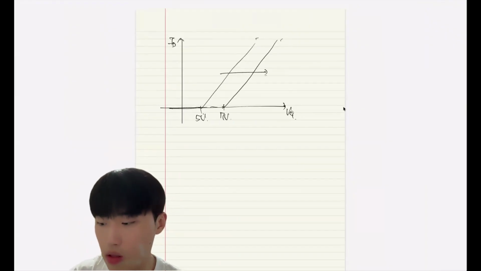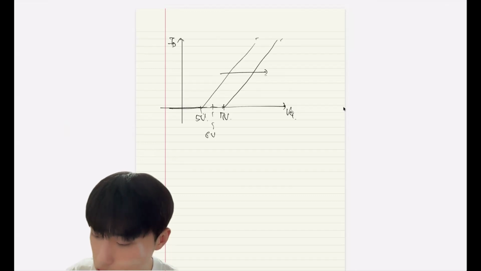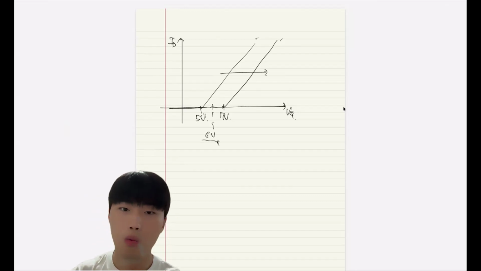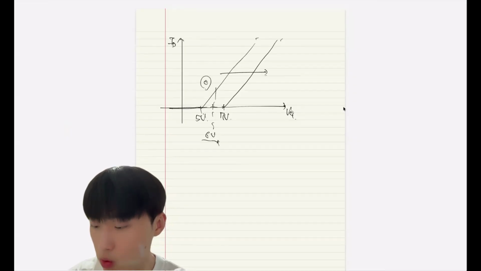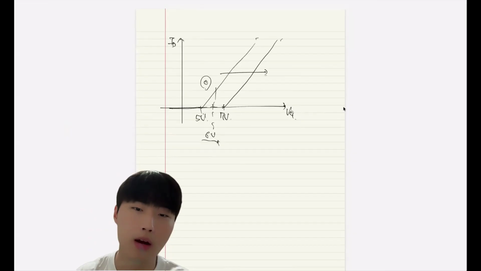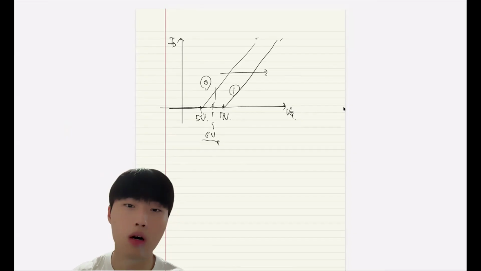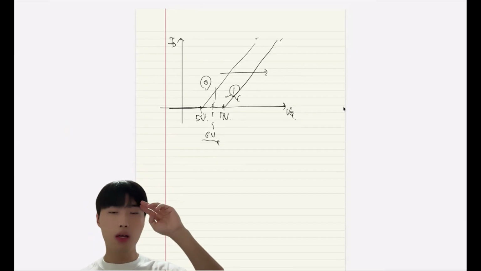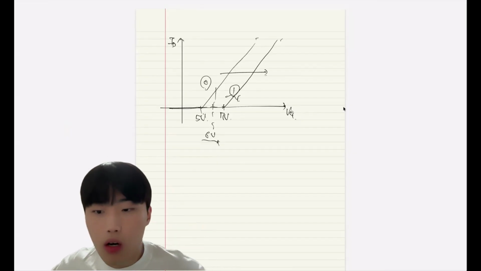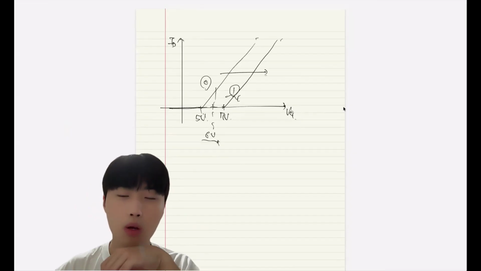So when we have some 6 volt on the gate side and there is current flowing in the transistor, we will call this 0. But when there is no current flowing, we will say the memory is now 1.